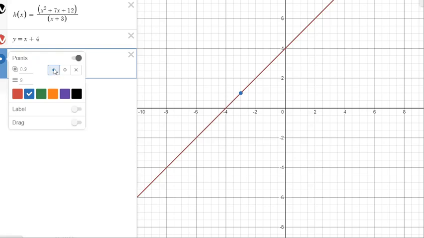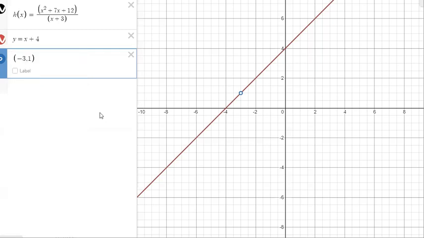At the top, this is going to be a closed point. This is going to be an open circle. And this is just going to be an X. And we're not going to bother with that. So now our graph has a hole in it. It has a removable discontinuity at x equals -3. So I can label this as the hole. And that is the graph.